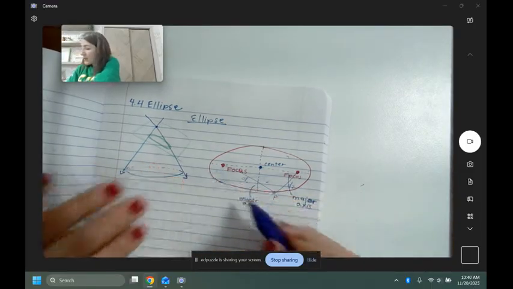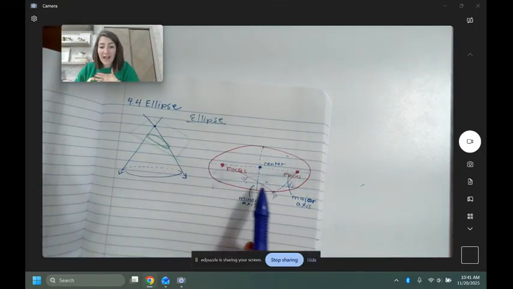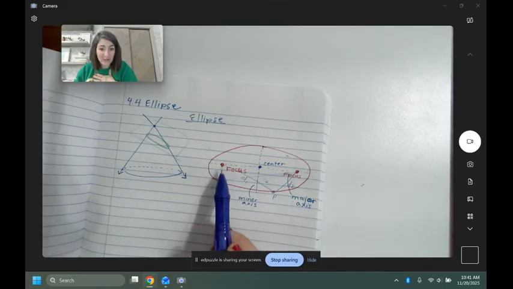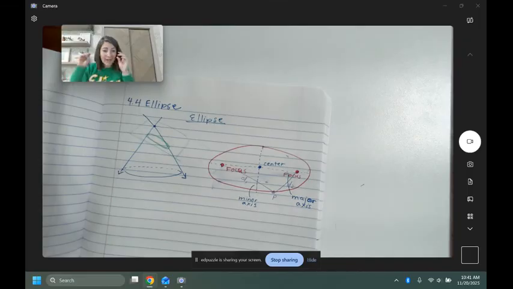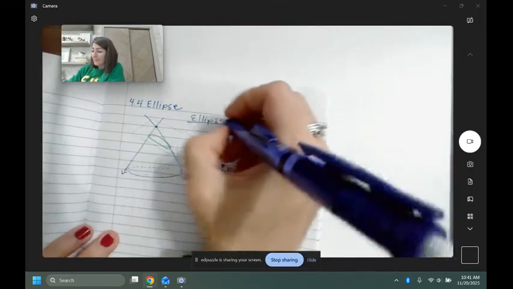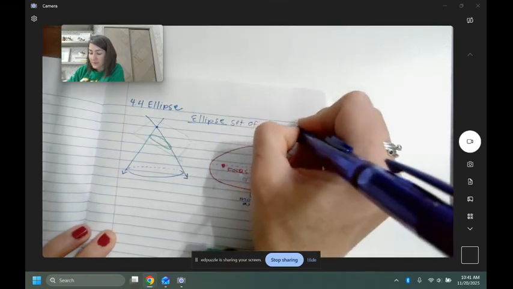If I add these two distances, either from the original point or this point, it will always be the same constant number.